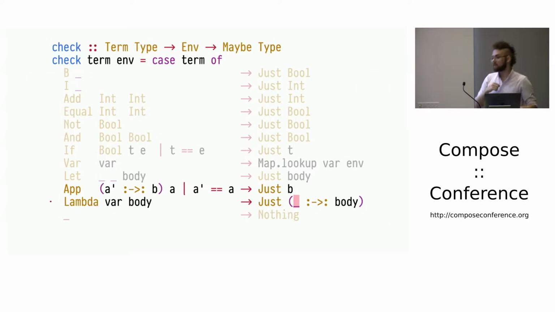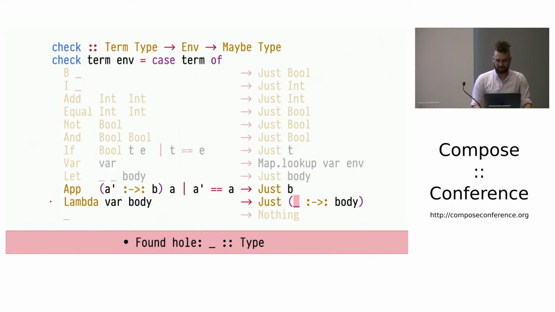Now, when I have a lambda, I have like lambda x something. Well, I know that the result type of the function that I'm going to be generating is that something. And its input is going to be a type.